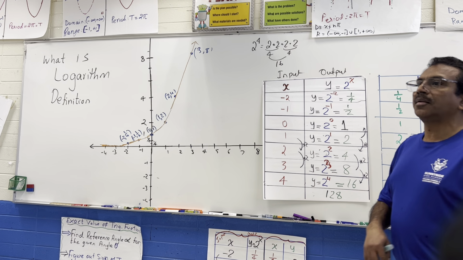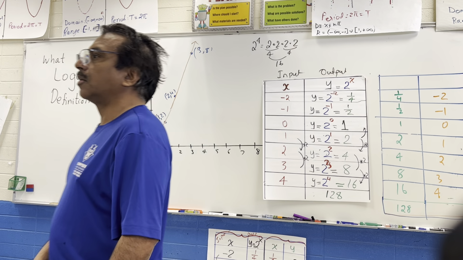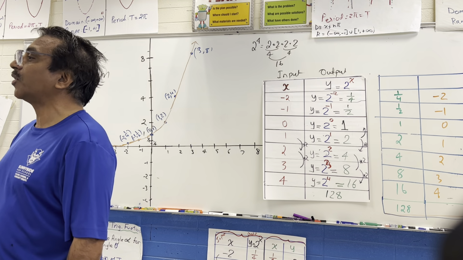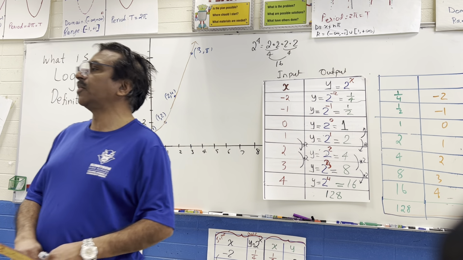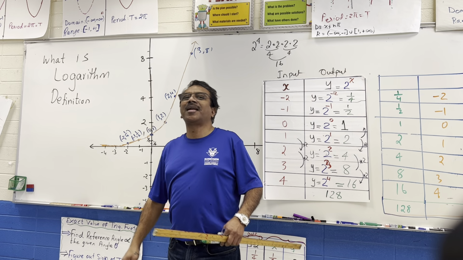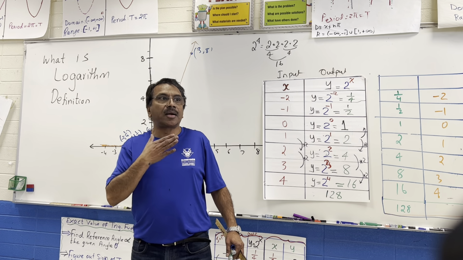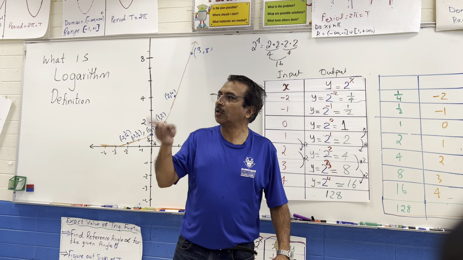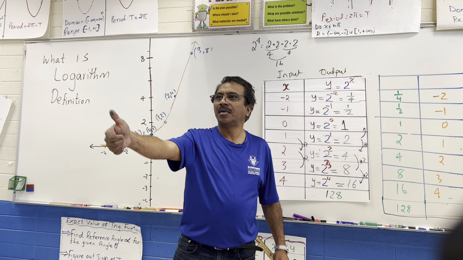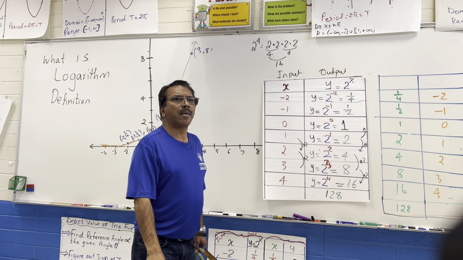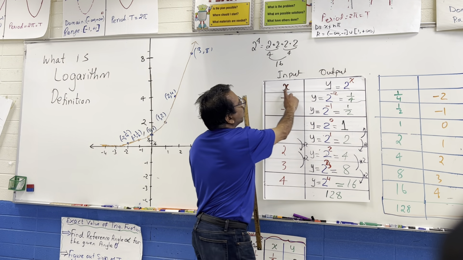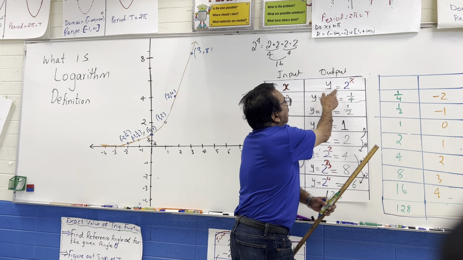So the mathematician, Mia, you know there was one guy, his name was Logarithm. What was his name? Logarithm. So he said, okay, I'm going to use the first 3 letters of logarithm, log. You see the calculator has log, yes or no? So he said, okay, let me build up my own function. So this is x, y. When you flip this, this flips.